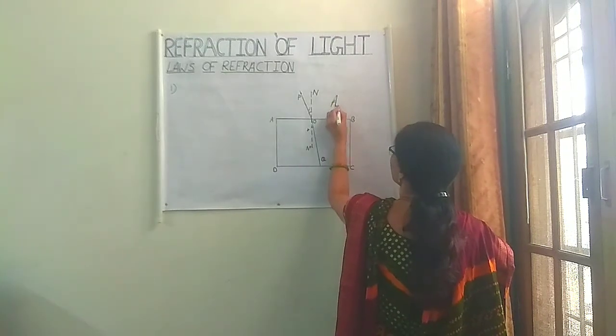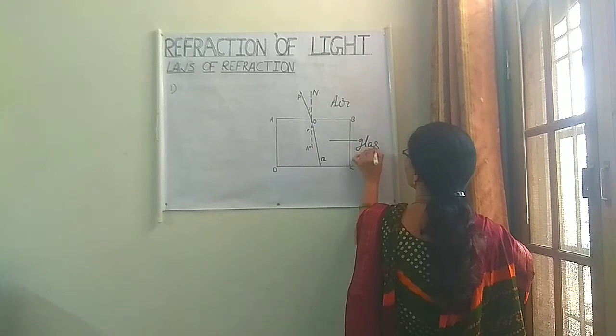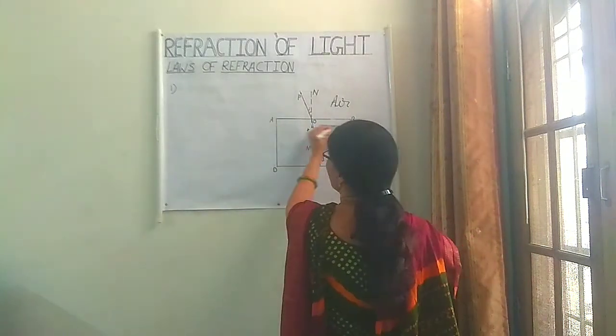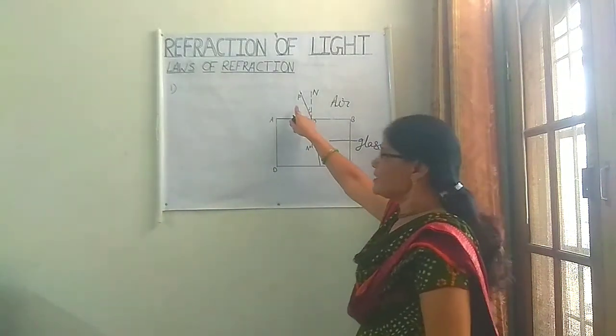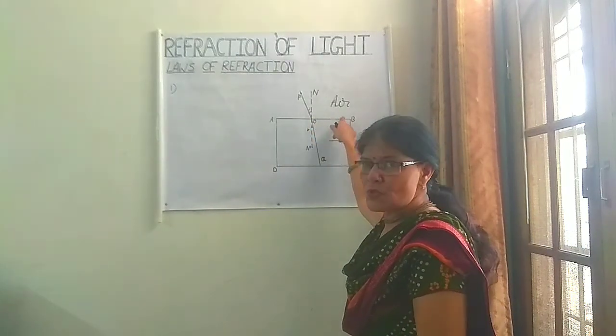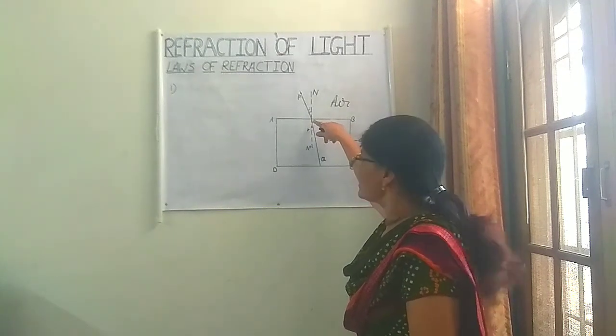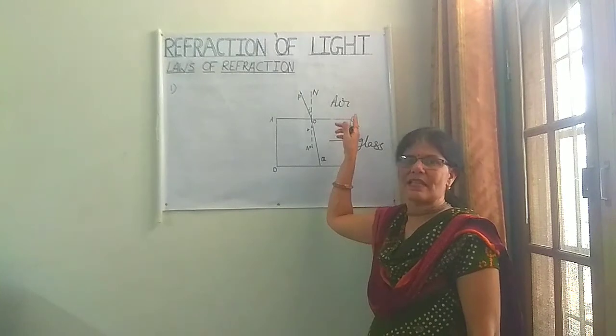This is air and this is glass. And this is the interface of two media. O is the point of incidence. They all lie in the same plane.